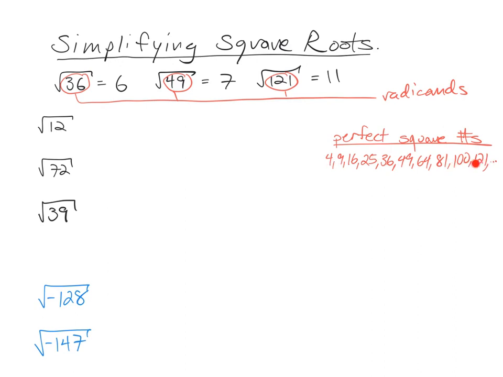So I've got to keep thinking of other ways to factor 12. I think the most common one that comes to mind would be 4 times 3. Now I picked this pair that multiplies to 12 because 4 is in this list. Why is that important? So we can take the square root of 4.